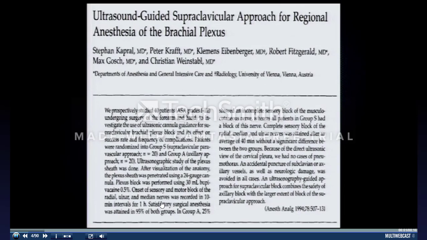Now the Austrians, Stefan Kapral and Peter Marhofer in Vienna, started publishing about ultrasound-guided regional anesthesia, I think back in 94. And this was really the start of this revolution that has now taken over.